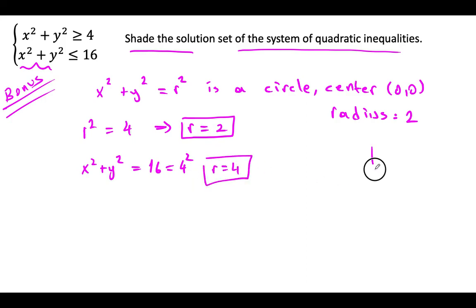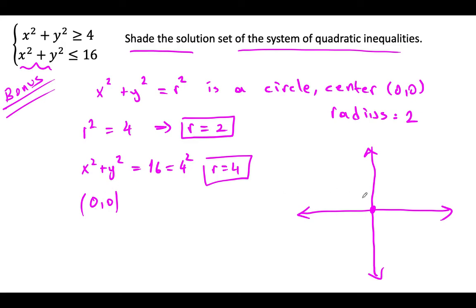Now, my dears, be careful. What am I going to do? I draw a circle whose center is at the origin. By the way, what is the center here? Still 0, 0. Now, 2 is here, and 4 is here.